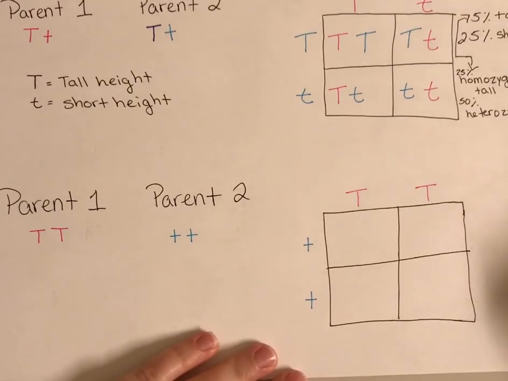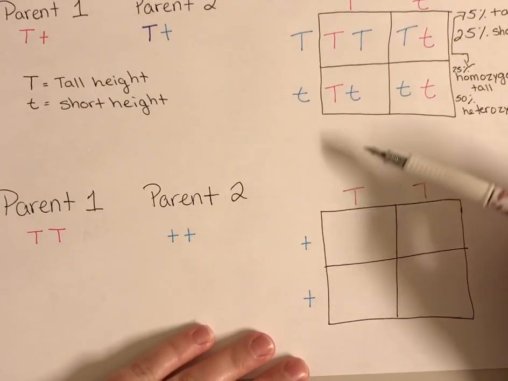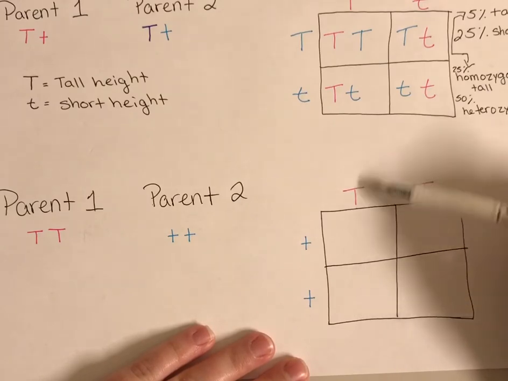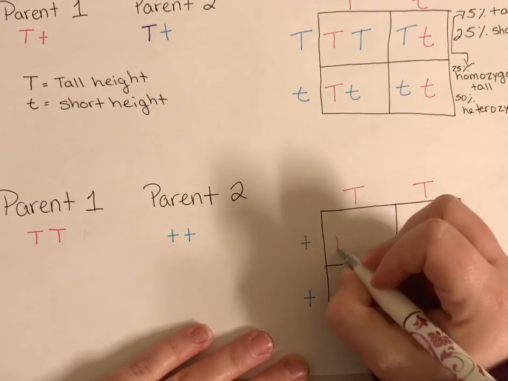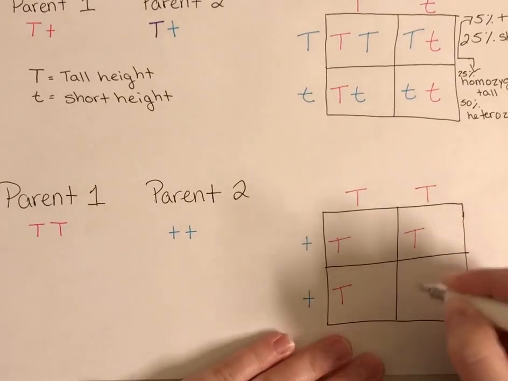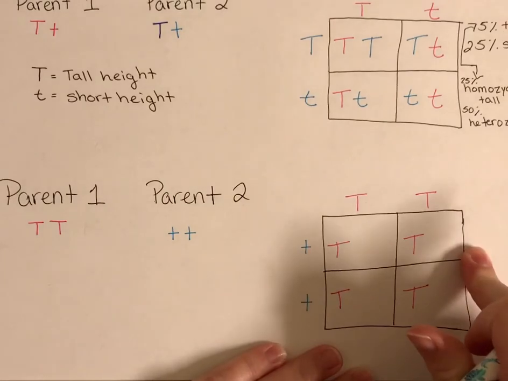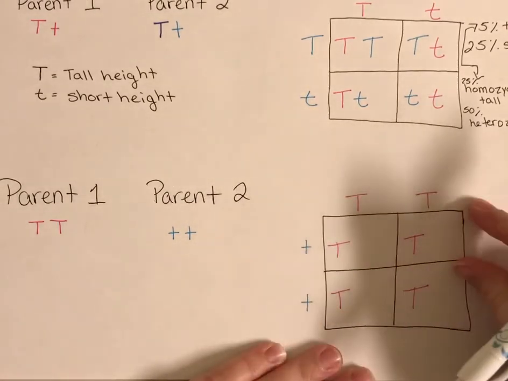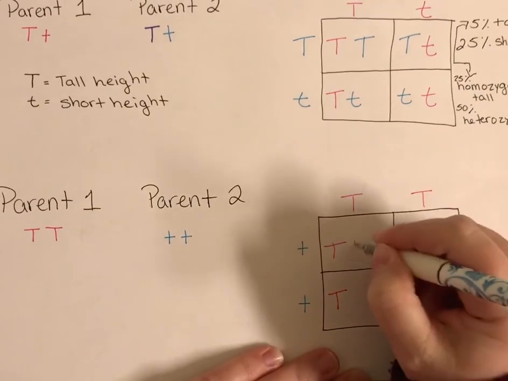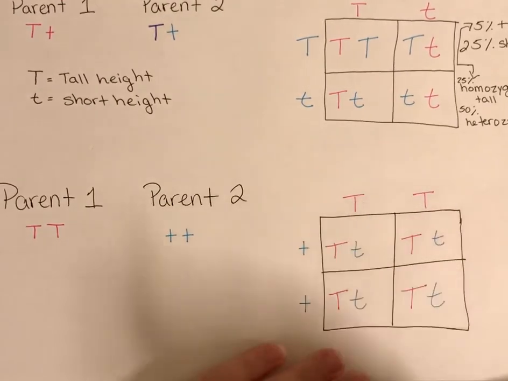All right, and then we're going to fill in the boxes. So this large T, this dominant allele, is going to go in all the boxes that it's over top of. So we're going to have one here and one here. We're going to do the same thing with this one. Okay, and then we're going to do the same thing with parent 2's alleles, so all the boxes that it's lined up with, and we're going to put a small t in, and same thing with the second allele.